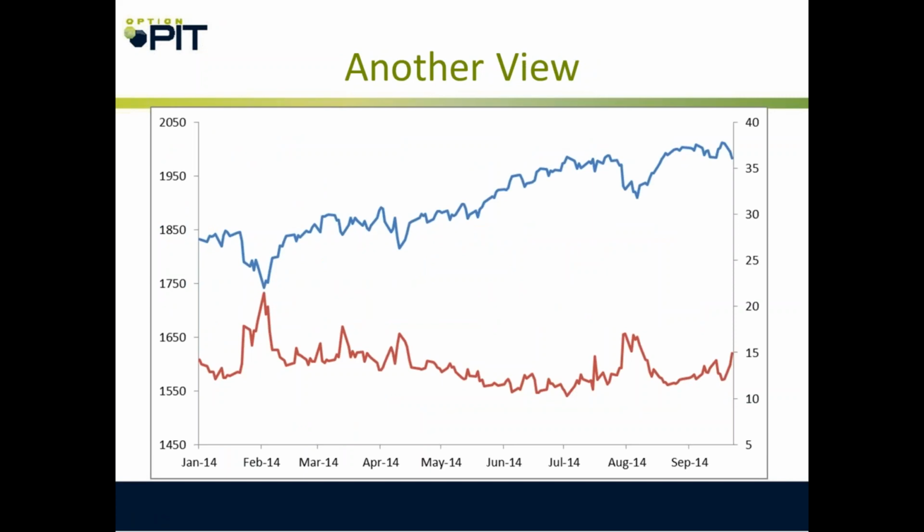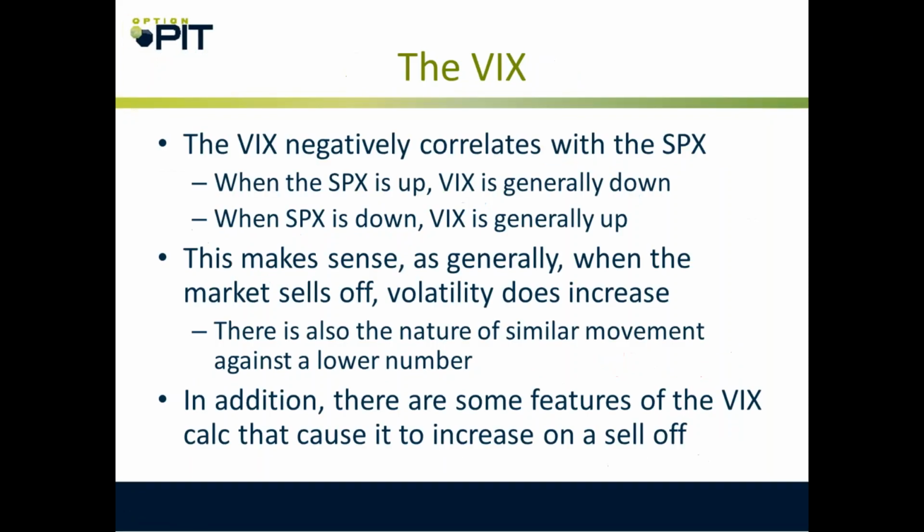So here is an old chart. What do you notice? The blue line is the S&P 500 and the red line is the VIX. What do you notice? Yeah, they are negatively correlated.